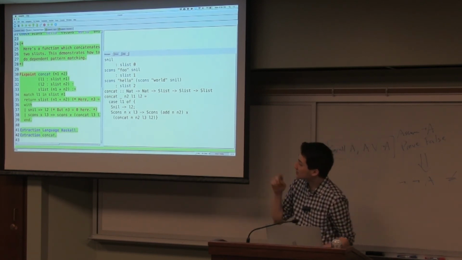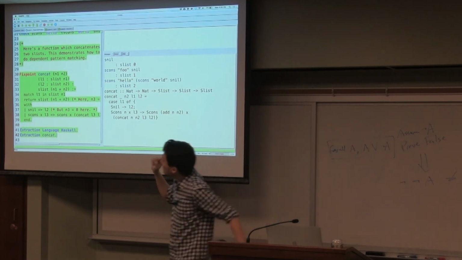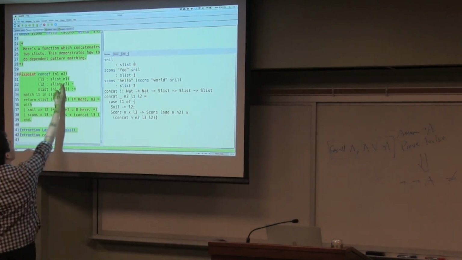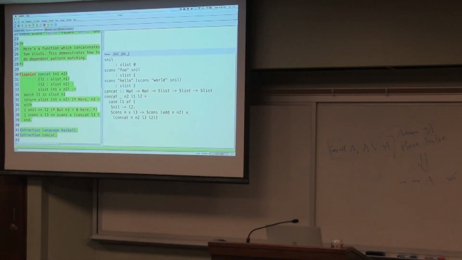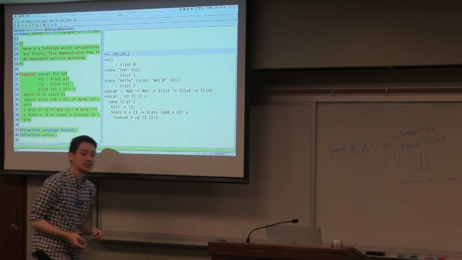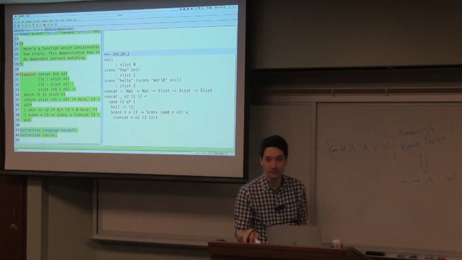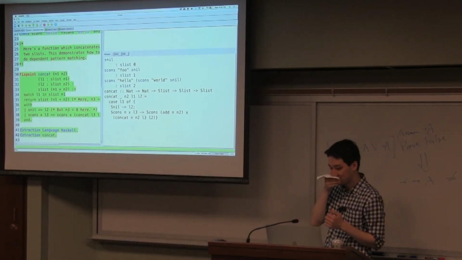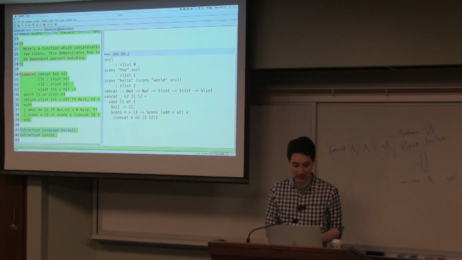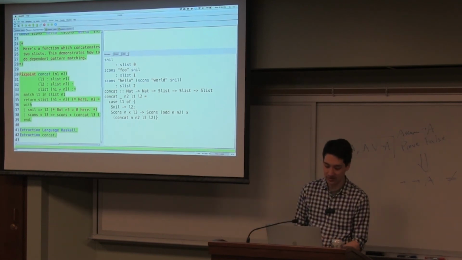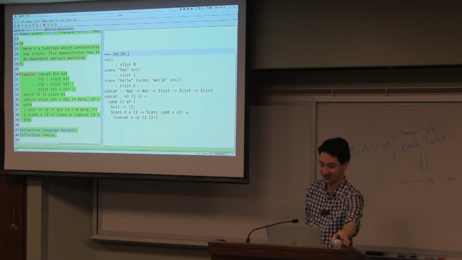One thing you could do, though, is define concat so that, instead of taking natural numbers here, it takes something in Prop that contains natural numbers, like some kind of container, and then they would be erased. Ah, that's interesting.